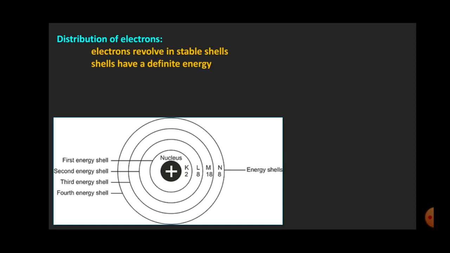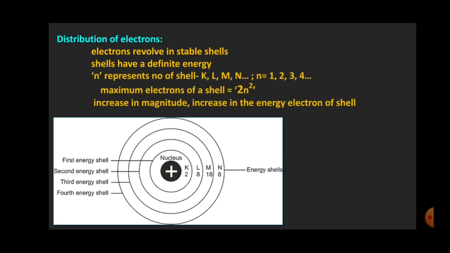We had studied about the structure of the atom, and we had also studied that it has three constituents: neutron, proton and electron. Neutrons and protons are present in the nucleus and they are called nucleons, and the electrons revolve around the nucleus.